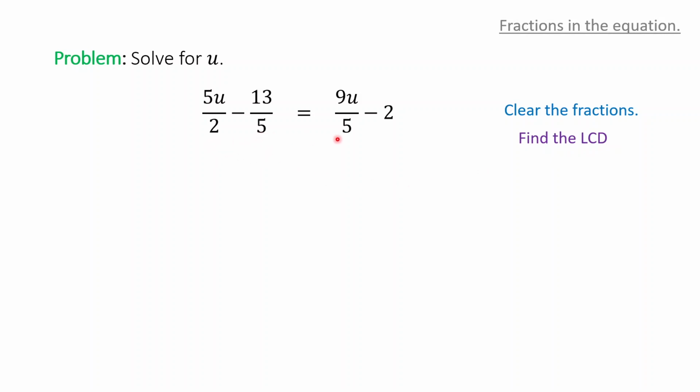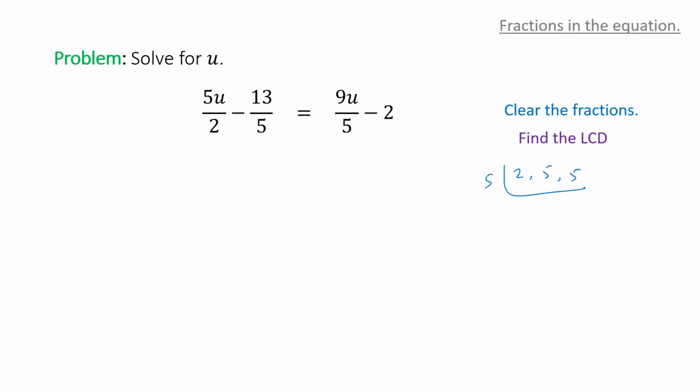Get these numbers 2, 5, 5, divide. You cannot find a number that can divide all these three numbers, but you can divide these two numbers by 5.